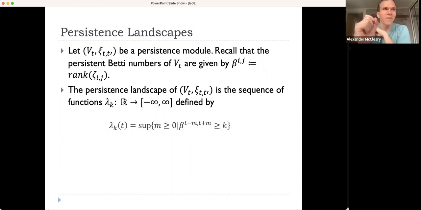We have a vector space at t, but now if we thicken that, taking an interval of radius m around t, we have a vector space on the left and a vector space on the right, and a map from the left to the right. What lambda_k of t is doing is taking the largest interval possible such that the rank of that map from the left endpoint to the right endpoint is at least k. That's what the function lambda_k is doing.